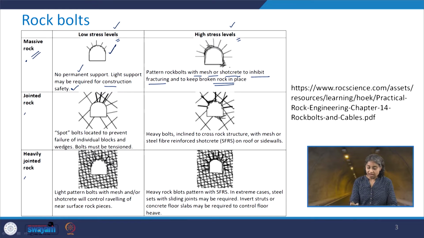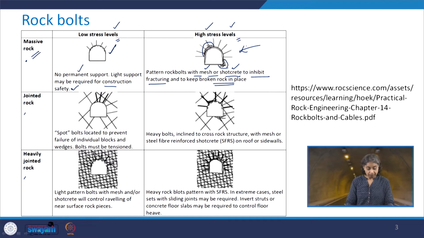You see that because of the high stress level, in this zone and in this zone broken rock mass is there. So, we provide the rock bolts along with the mesh or the shotcrete. This is how the cross section with the combination of the support system along with the rock bolts will look.